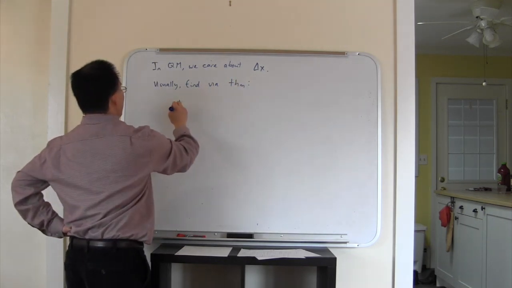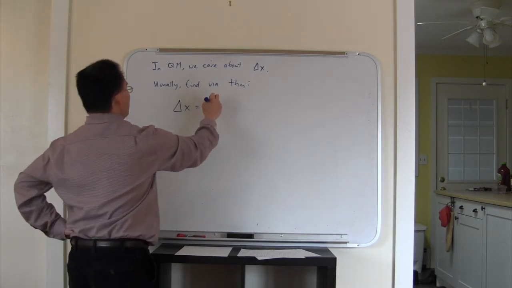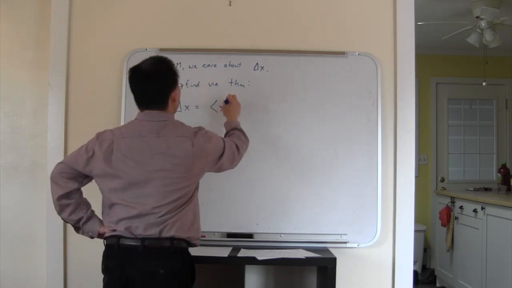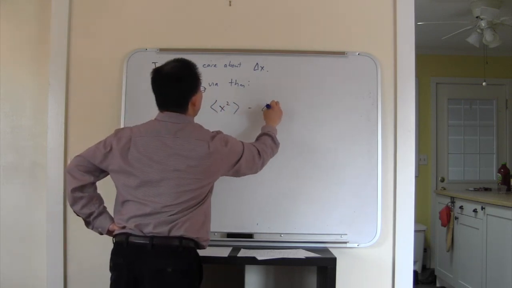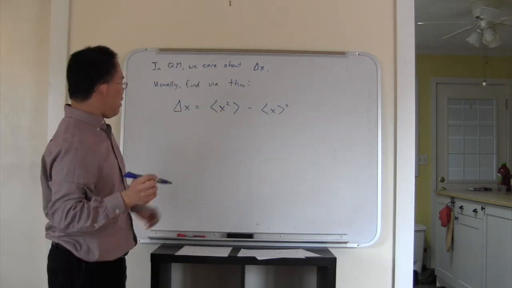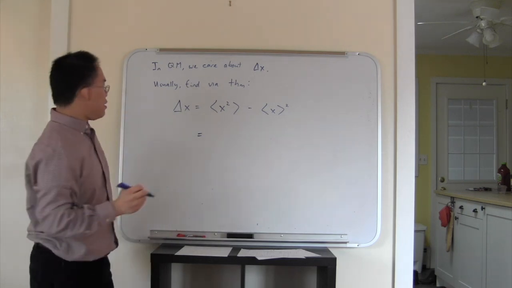Namely, the uncertainty in x is going to be the square root of the average value of x squared minus the average value of x itself, squared. And we find this using the wave function.